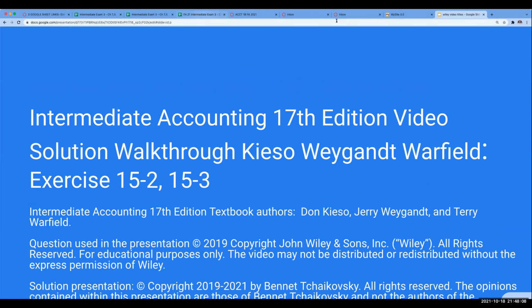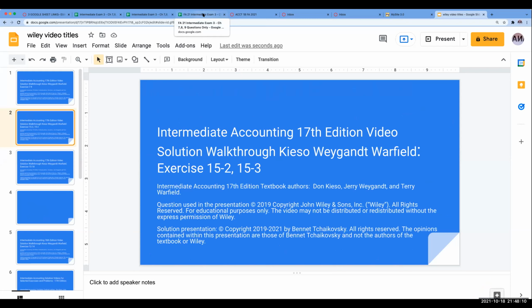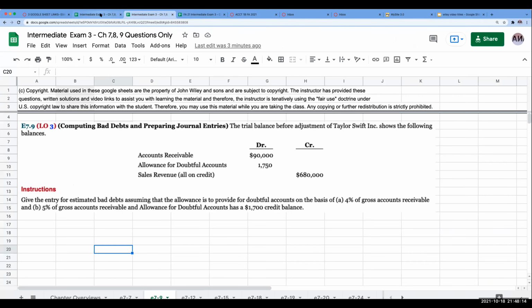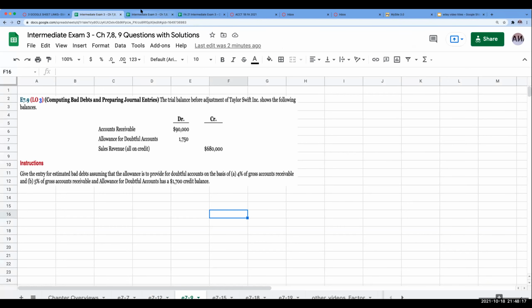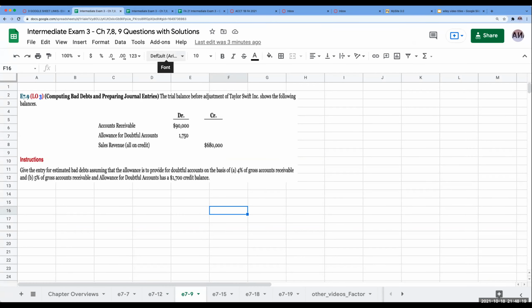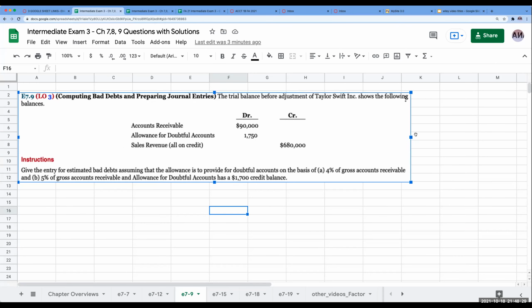So let's go ahead and get to it. Let's find our sheet, questions with solutions. Perfect. So we've got here computing bad debts and preparing journal entries. The trial balance before adjustment of Taylor Swift shows the following balances.